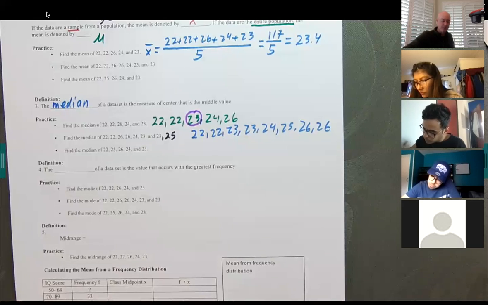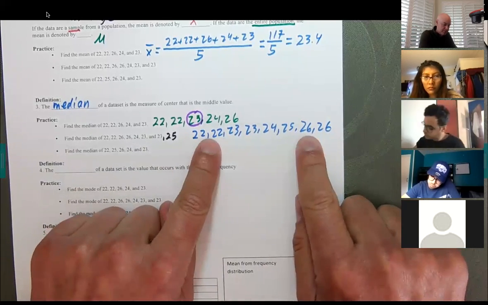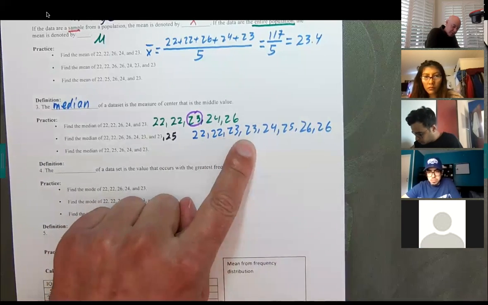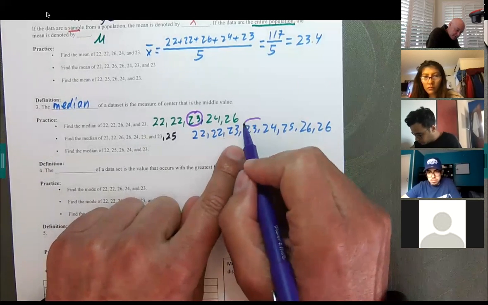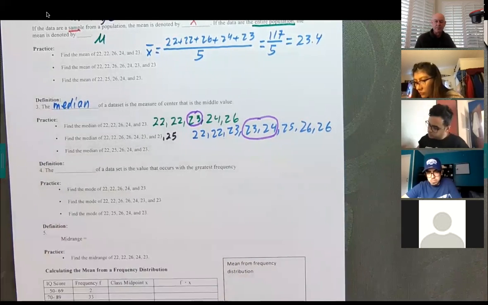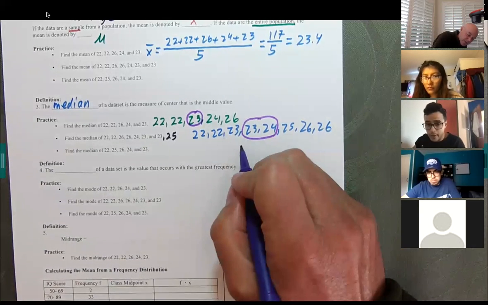So I'm going to do the same thing I did before. I'm going to start on the outside. I'm going to go in one. I'm going to go in one. I'm going to go in one. And I'm going to note that there's not a single number in the middle, but in this case, there are two. What do we do when there's two in the middle? We find their mean.